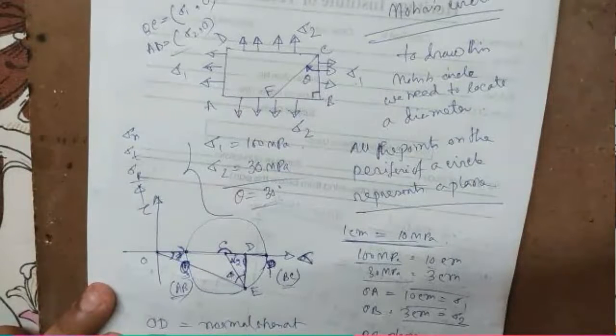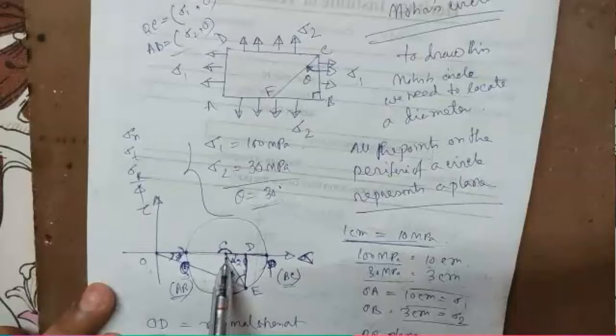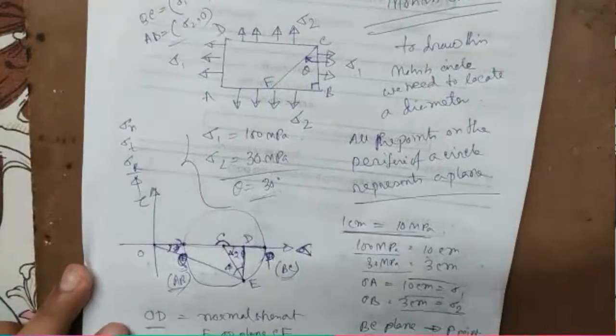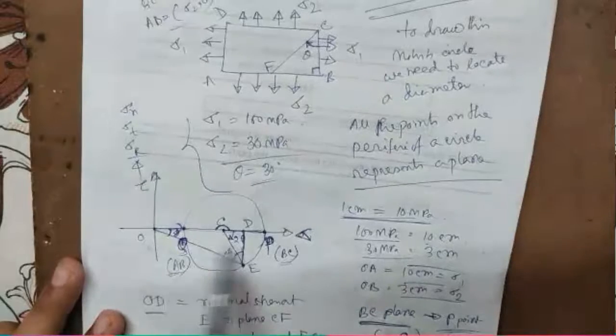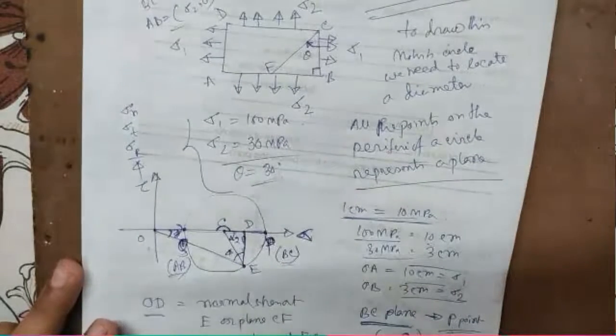We divide it into two halves, and the center can be found. This is C. From C we draw a circle with PQ as diameter. This will be our Mohr circle.